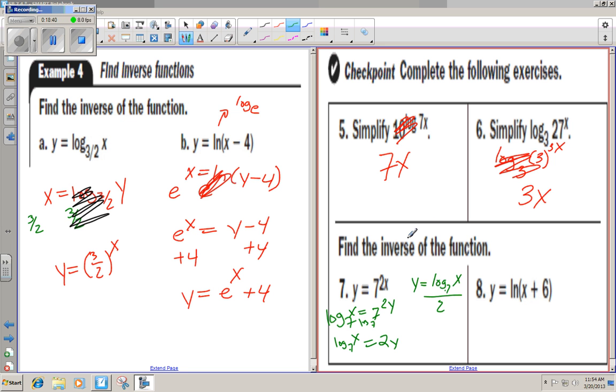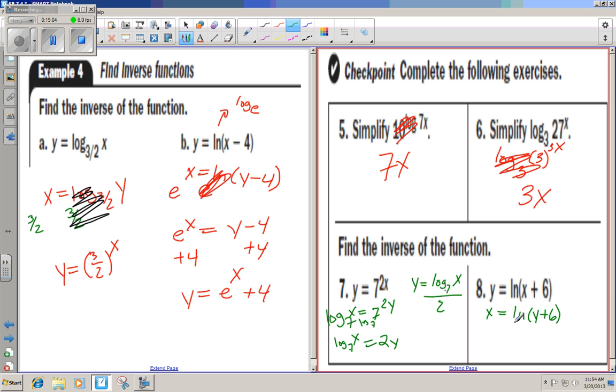The last one here from the checkpoint. How do you switch variables, of course? So x equals ln y plus 6.